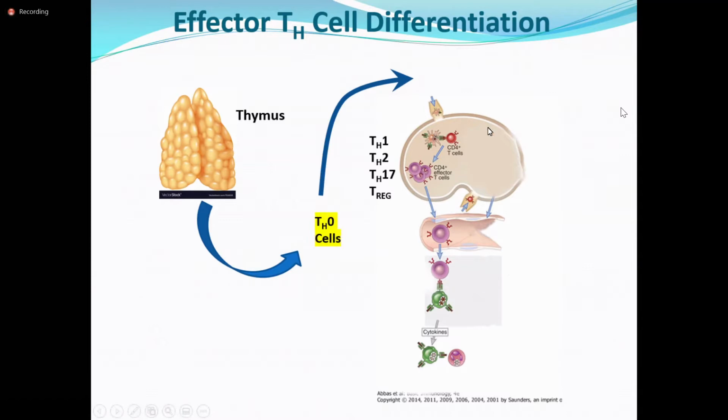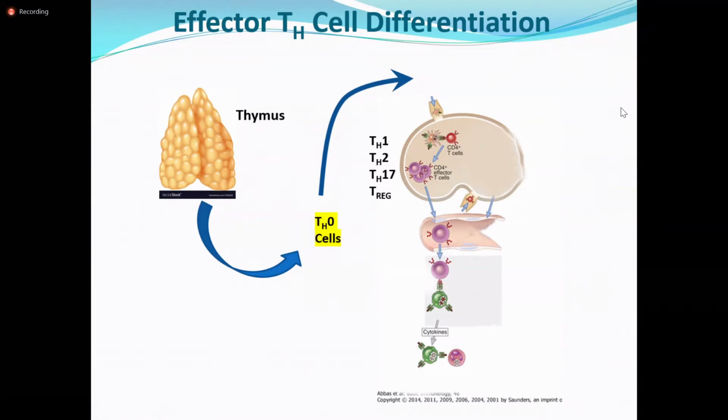Once they enter the lymph nodes or the spleen and see their corresponding antigen presented by the dendritic cell in this case, depending on the nature of that antigen, will drive them into what are called Th1, Th2, or Th17 cells.